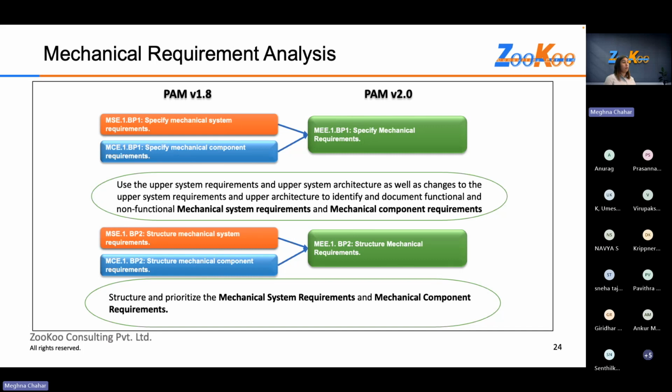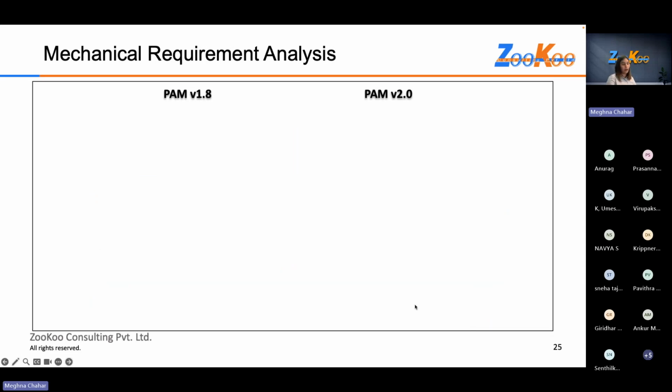And let's talk about prioritization. Again, prioritization can be done depending on your project, your stakeholder needs, or based on your releases, what is in your scope, your samples. You can prioritize. But again, we need to do this activity for system as well as for component.